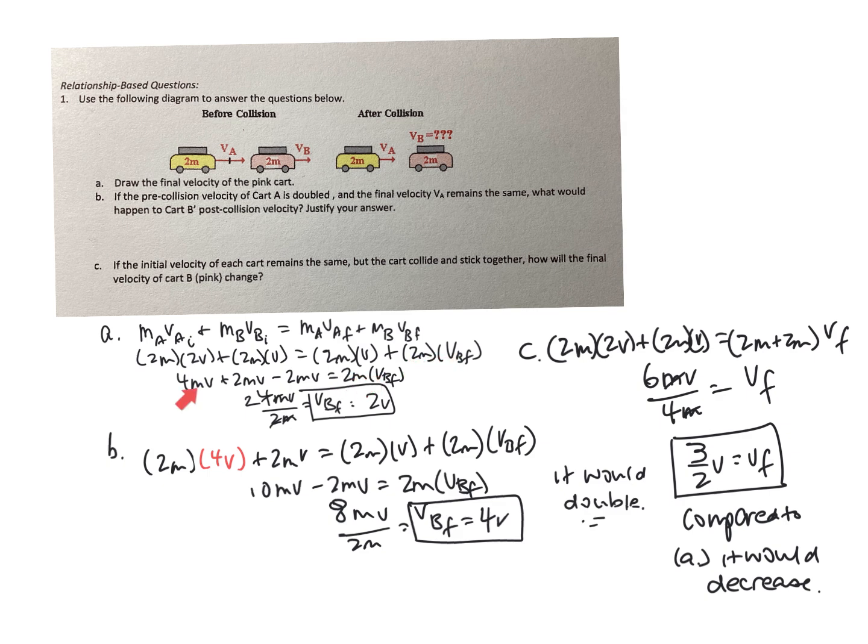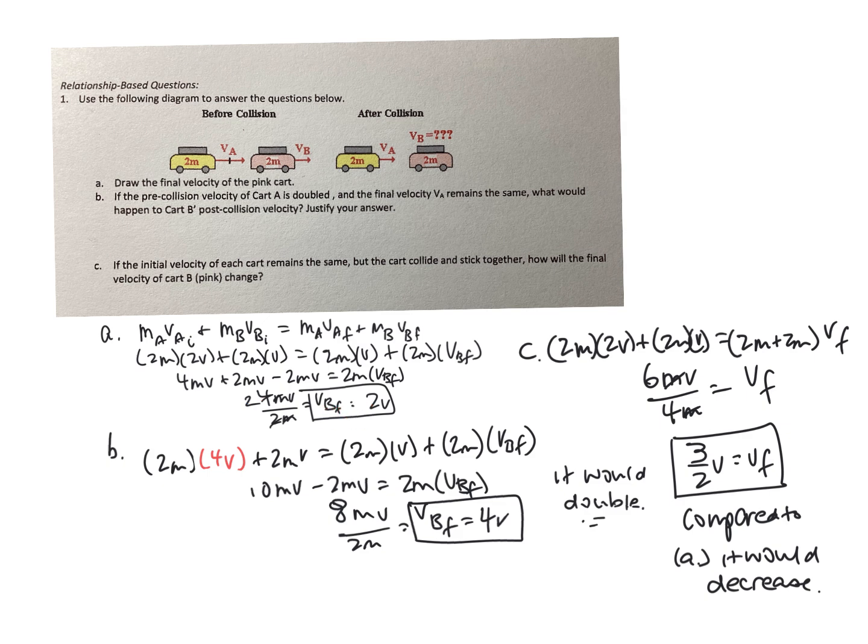This becomes 4mv, because these two guys cancel out. I divide this 2m to the other side, leaving the VBF by itself. That gives me 2v.